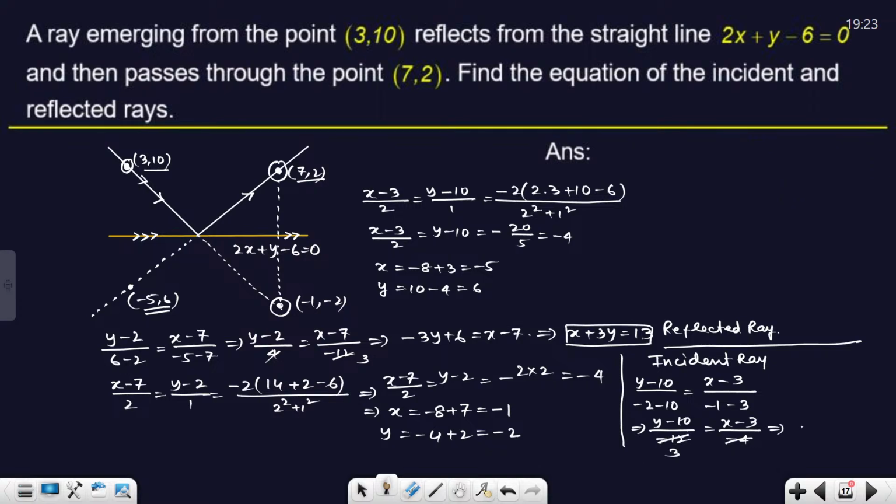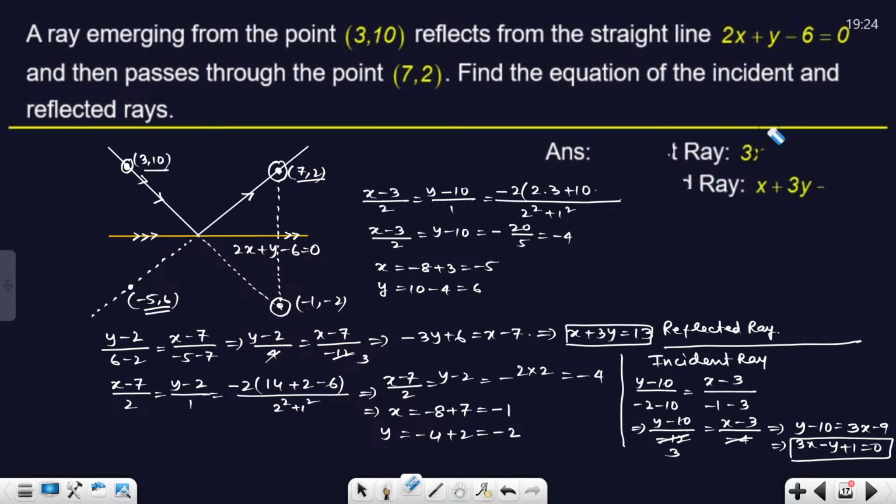If we cross multiply, we are having 3x minus y plus 1 equals 0. And that is the equation of the incident ray. Is it clear to all? Have you understood it?